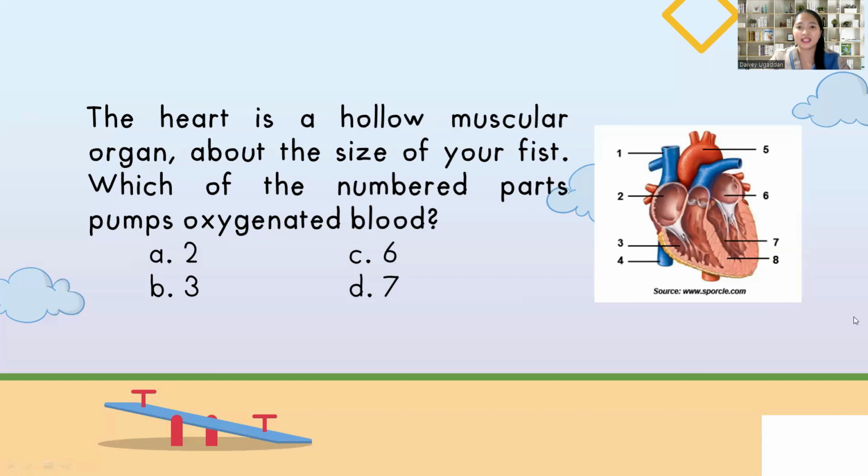The right ventricle is number 3 and the left ventricle is number 7. Next, it should pump oxygenated blood. So you have to recall which side of the heart has the oxygenated blood, and this is the left side of the heart. So the correct answer to this one is letter D, 7, or the left ventricle.